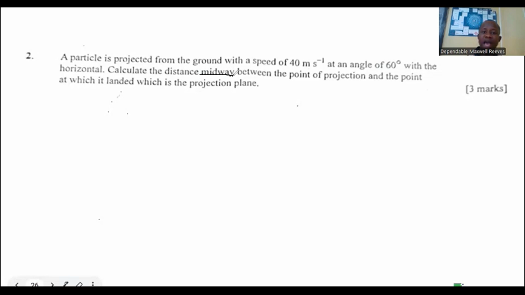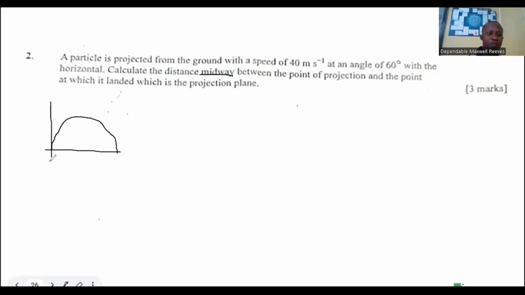Midway means halfway. So the first thing we want to know is that the horizontal distance is the same as the range. Considering this to be the path traveled by the projectile, the projectile travels in a parabolic curve or path.